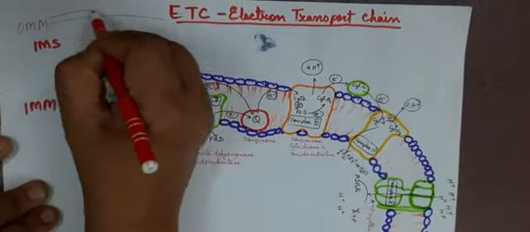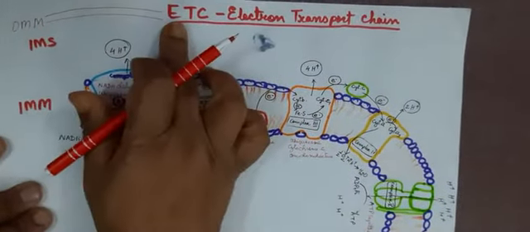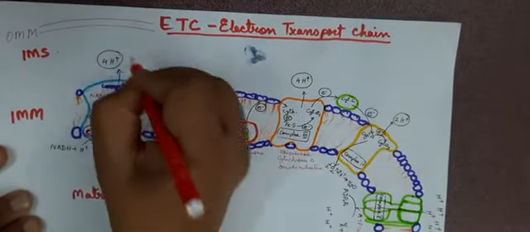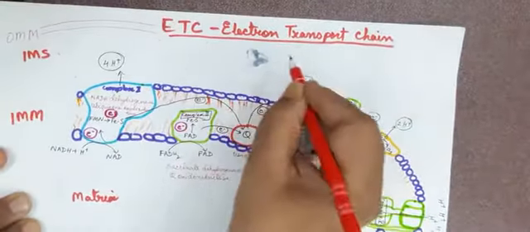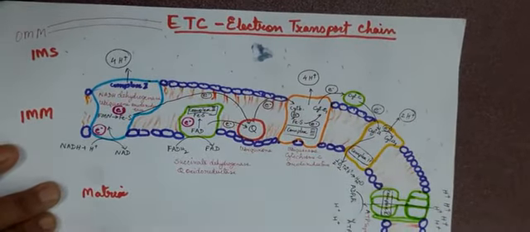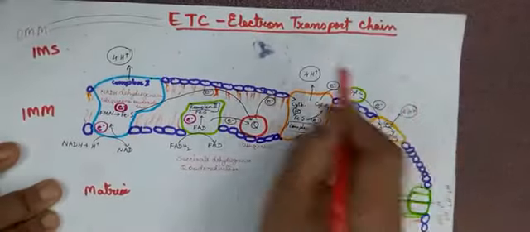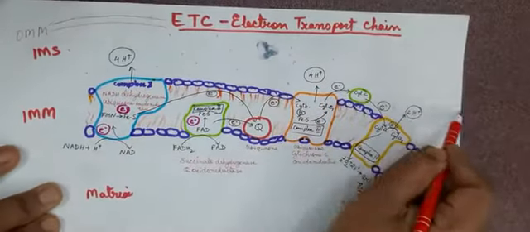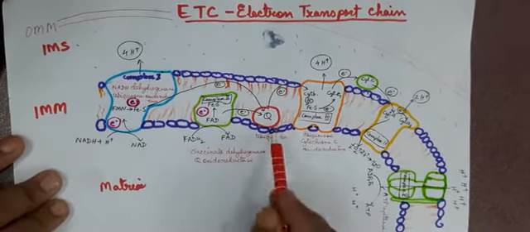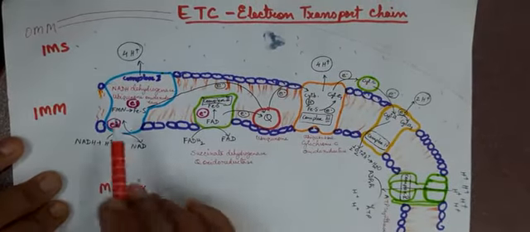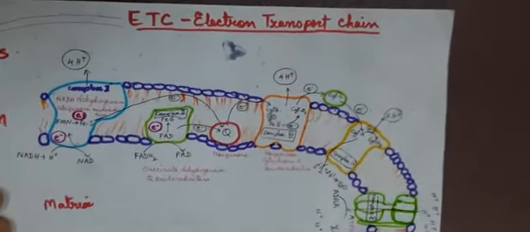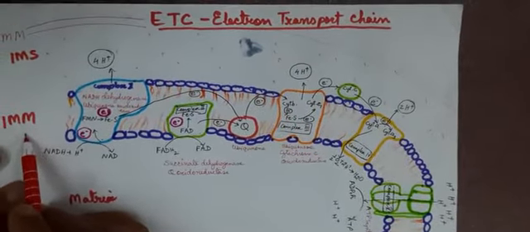This will be the bilayer of the outer mitochondrial membrane, and between these two membranes there will be the space, the inner mitochondrial space. So these complexes are embedded in the inner mitochondrial membrane.